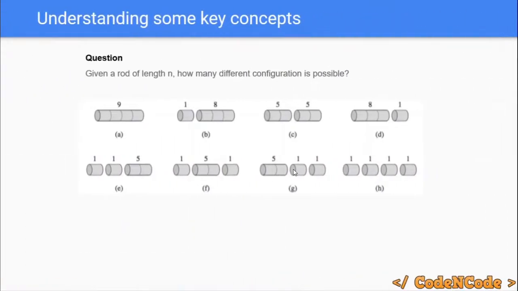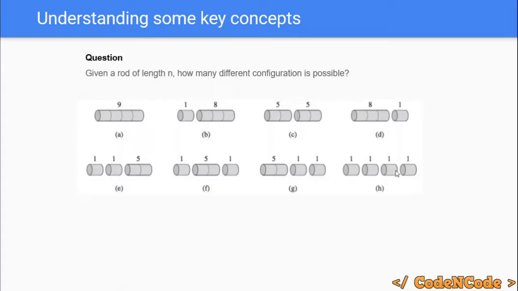Now the first question that should come to your mind is, how many different configurations are possible for a given n length rod? For example, for a length 4 rod, we have these 8 different configurations.